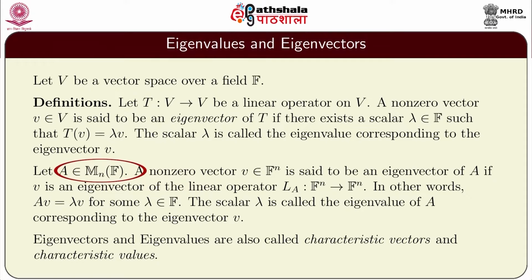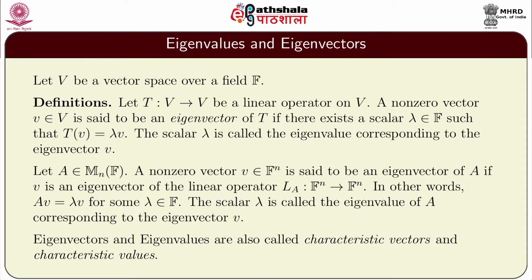Let A be an n cross n matrix over a field F. A non-zero vector v in F^n is said to be an eigenvector of A if v is an eigenvector of the linear operator L_A from F^n to F^n. Recall that the definition of L_A is that L_A of x is Ax.